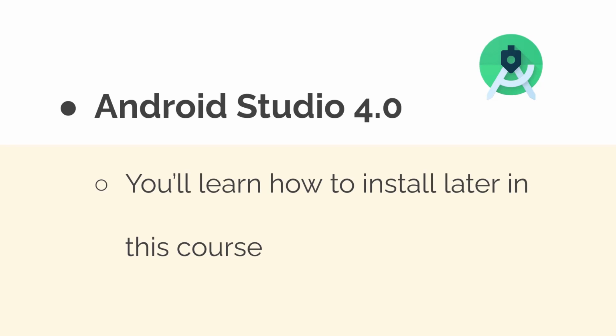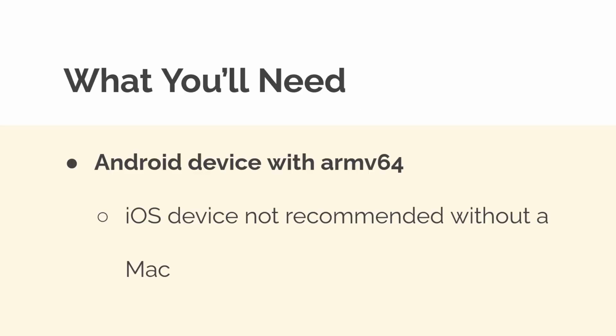You'll learn how to install it later on in this course. And this is only for deploying the project on an Android phone. For deploying the project on an iOS device, like an iPhone, then it's recommended to use a Mac computer to package the project for iOS. But you can still start off by building it on a Windows computer.